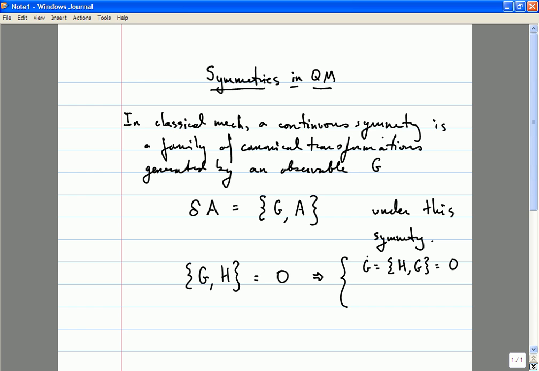That's Noether's theorem. And the second consequence is that the Hamiltonian is invariant under the symmetry because the variation of the Hamiltonian with respect to the symmetry is again just the Poisson bracket of G with H. So that's equal to 0. So that's the statement of Noether's theorem. If you have a symmetry of the system so that the Hamiltonian is unchanged, then you have a constant of motion.